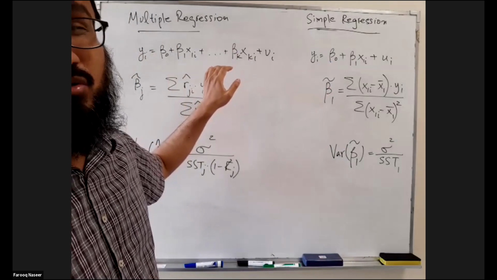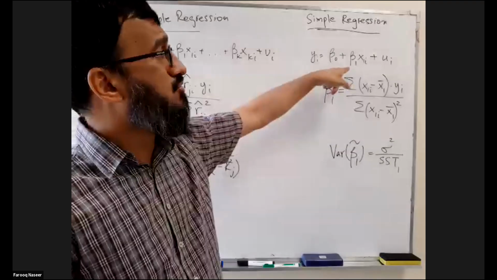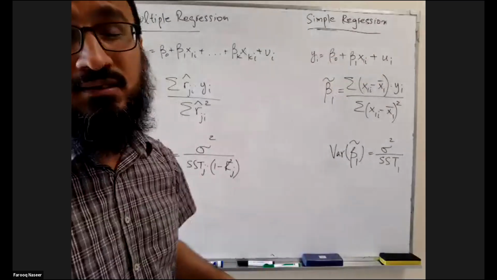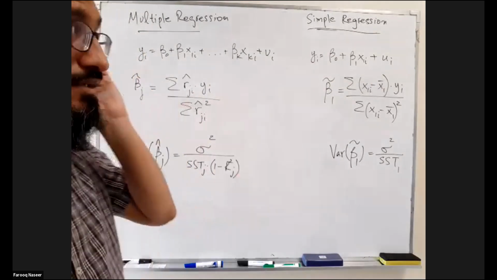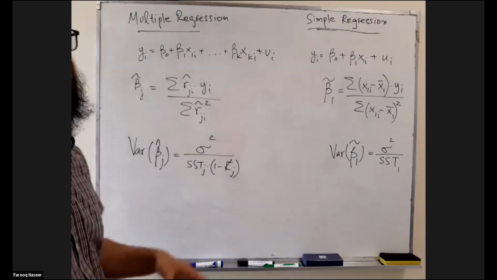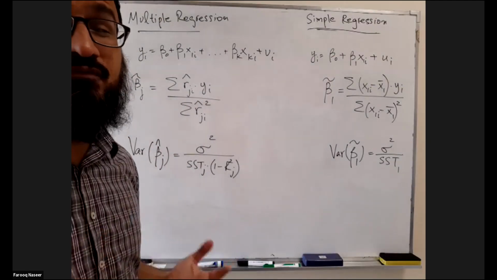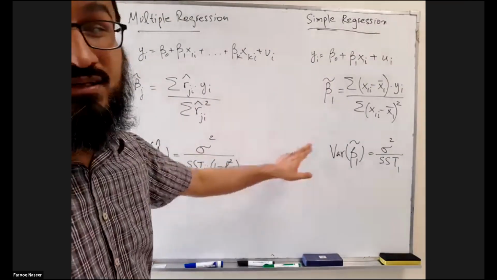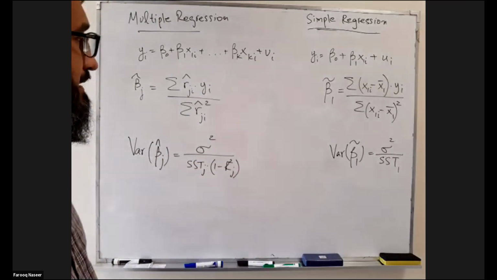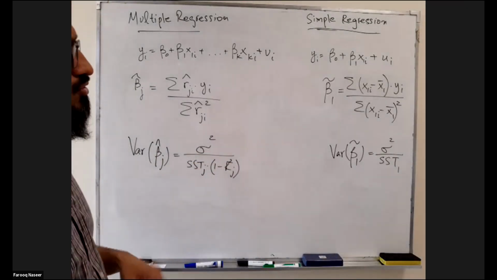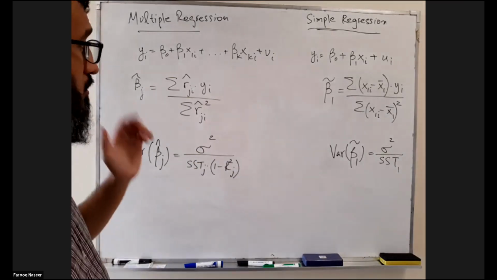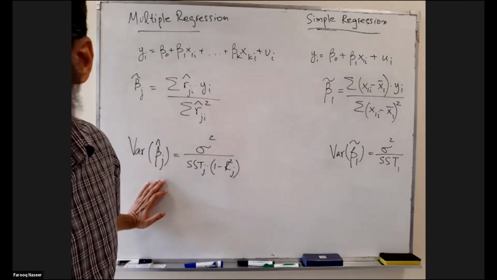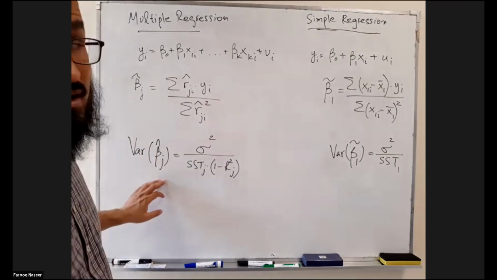If you don't include x2 in your regression, the OLS estimate of beta 1 will give you a biased estimate of the true effect, the direct effect, right? And what will be the magnitude of that bias? When would you have that bias? Obviously, when there is an indirect effect, that second term. Okay, so that you can read up on your own. What I wanted to talk about in the remaining time is look at the variance.